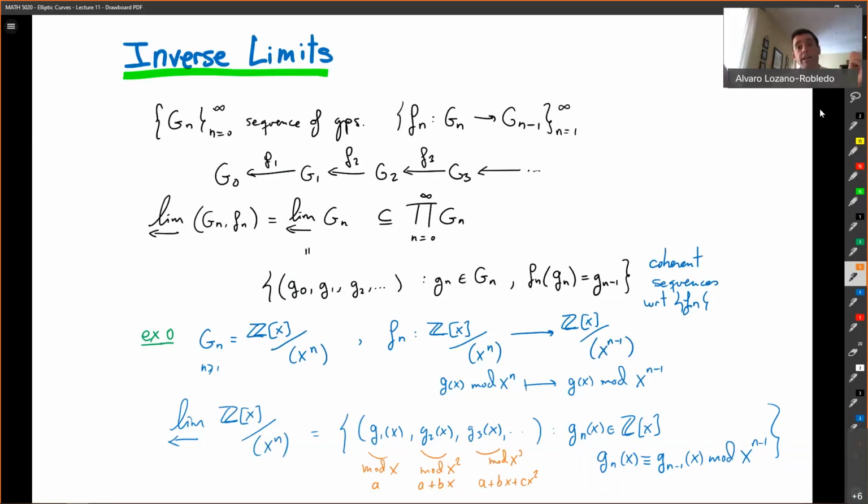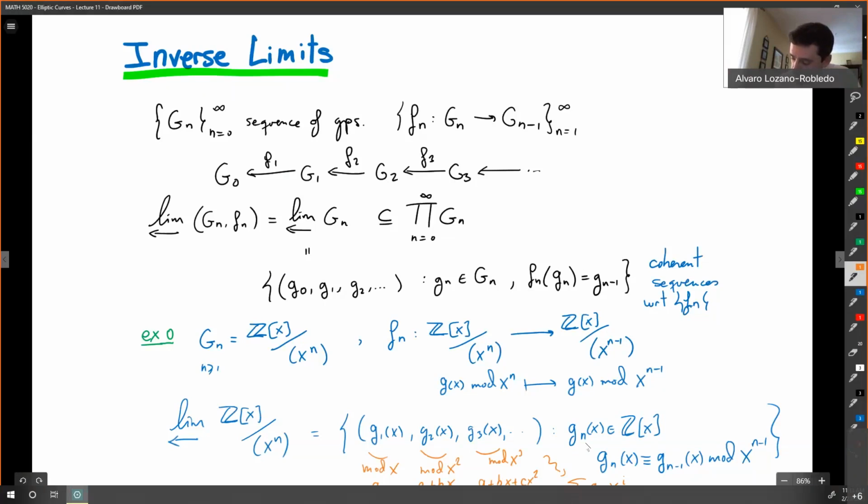But you see in the limit, I'm adding more terms and more terms and more terms, so I'm actually getting some sort of a series of a_i x to the i, for i bigger or equal to 1, say, or 0.